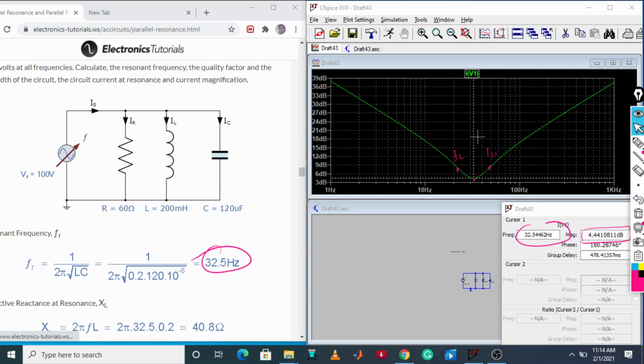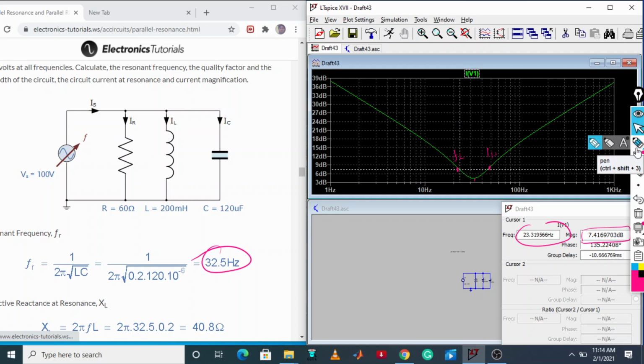Now move your cursor and look for the point where we get 7.44. Now exactly at that point, it is 23.1. Now if you see, at this point it is 7.4. Now what is that frequency? Let me write it down. FL is equal to 23.1.